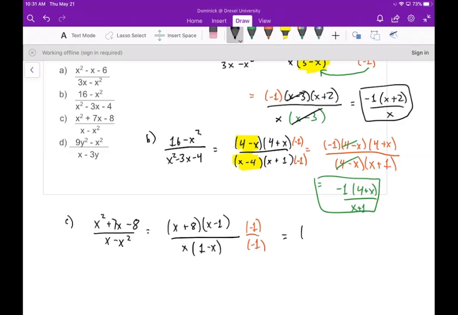So again, just to make it different, I'll leave the -1 out front. Let's do it in the bottom this time, just to be different. So I'm going to have x plus 8, and I'm going to use the -1 to flip it in the top, so I have a 1 minus x, right? And again, that's coming from this being multiplied into that, and I'm going to leave the -1 out front in the bottom.